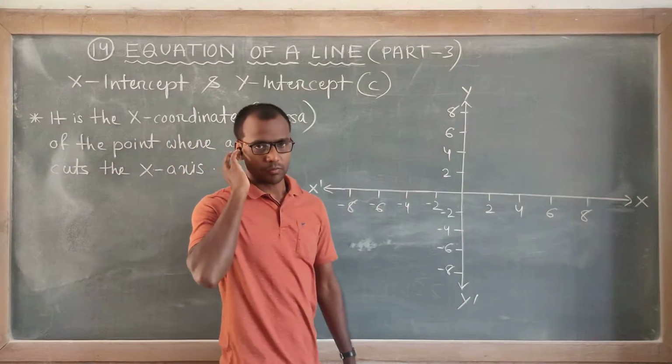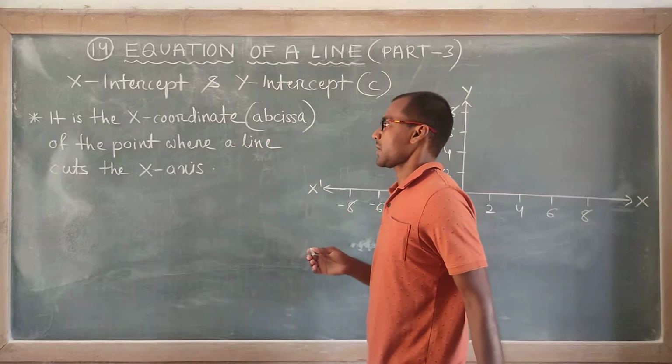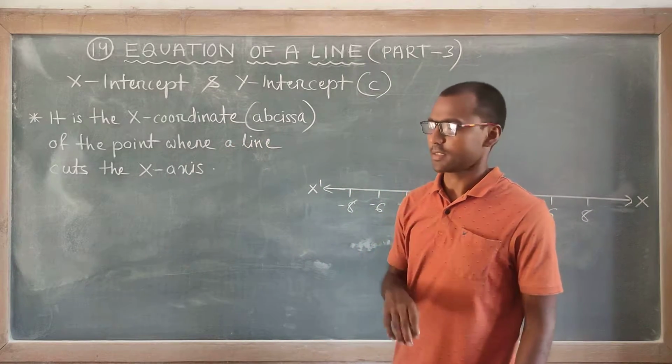X coordinate is also called abscissa. The definition is very important. You can understand from that. It is the x coordinate or abscissa of the point where a line cuts the x-axis.